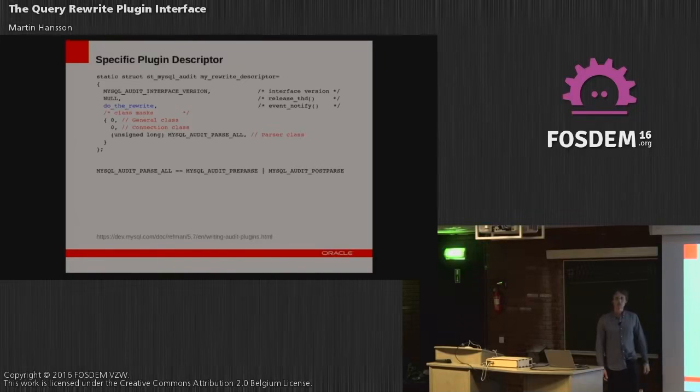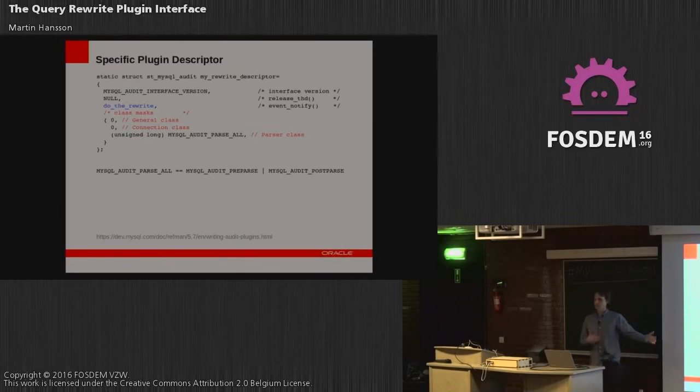You can use the release THD function, which is used when the plugin is dissociated from the session context. This typically, in practice, happens when you close a session. You have the event notify function, which will handle an event, and you subscribe to events by using class masks.